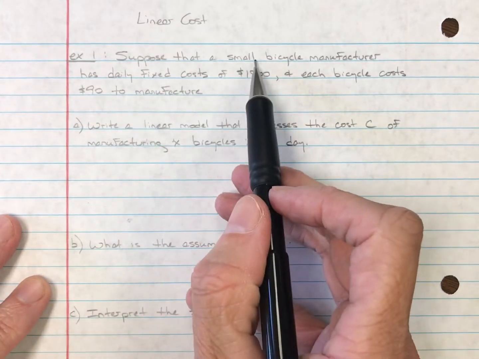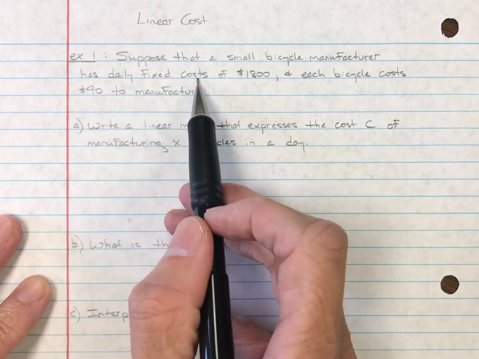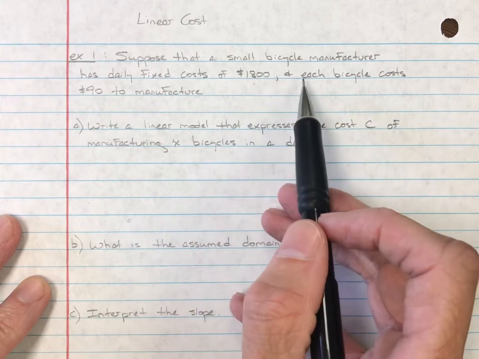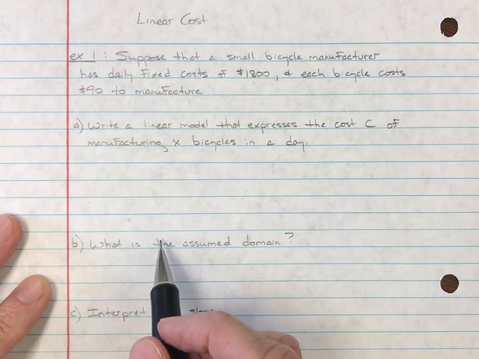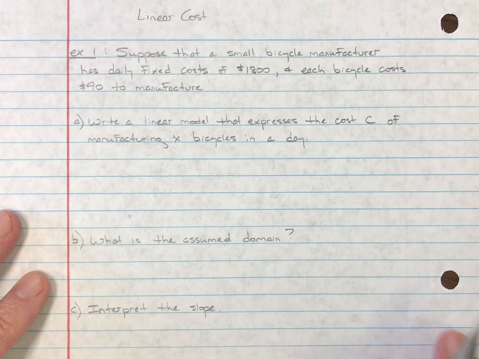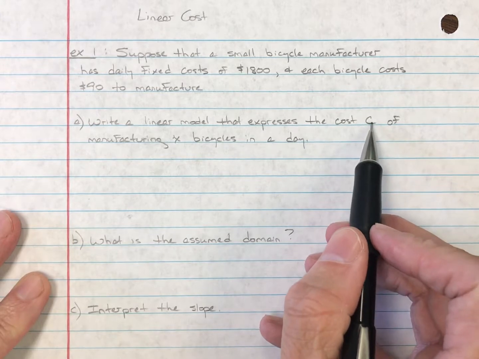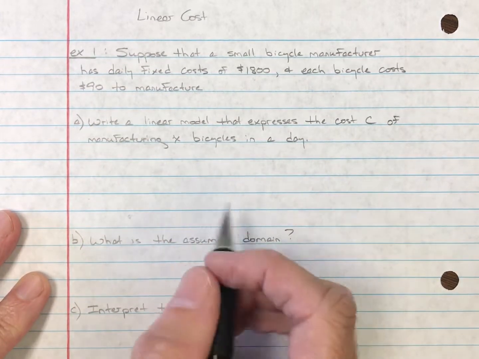Suppose that a small bicycle manufacturer has daily fixed costs of $1,800, and each bicycle costs $90 to manufacture. Okay, let's come up with a linear model that expresses the cost C of manufacturing x bicycles in a day.